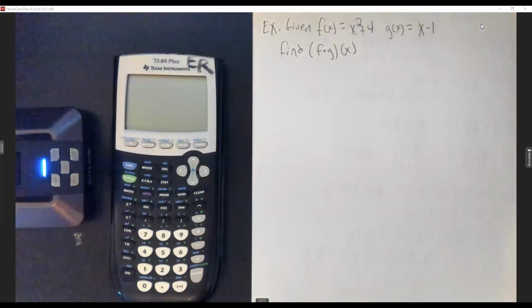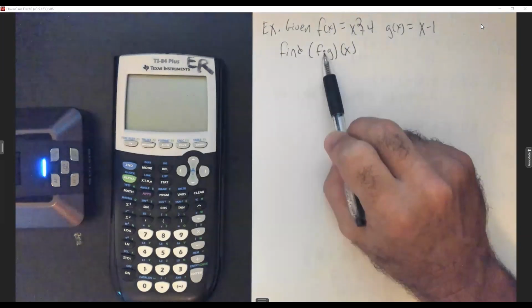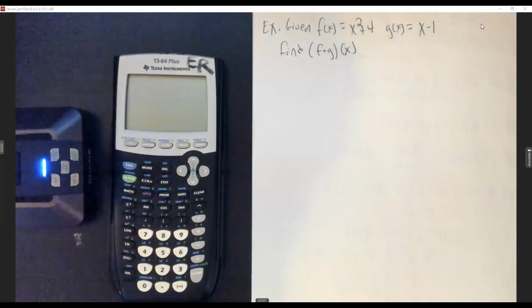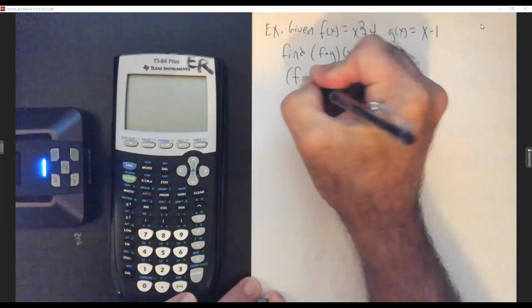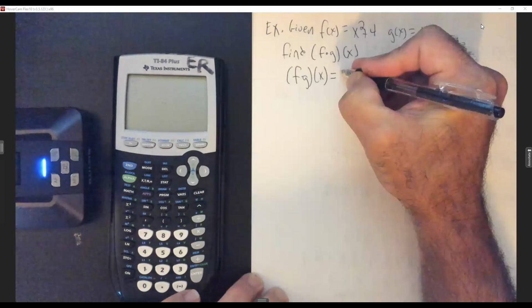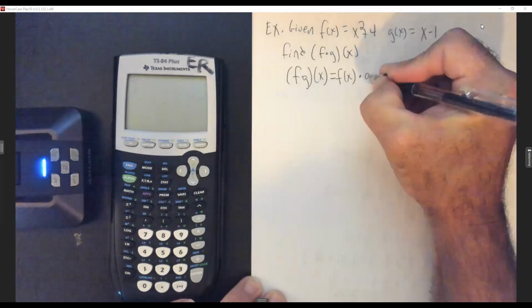So sometimes they'll use the little dot for multiplication, and then sometimes they'll just put the letters right next to each other for multiplication. So what we're going to do is find f times g of x. That's going to equal my f of x times my g of x.